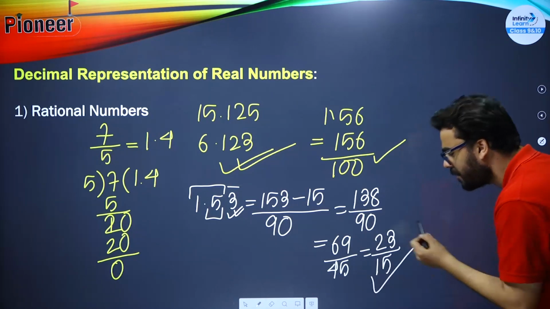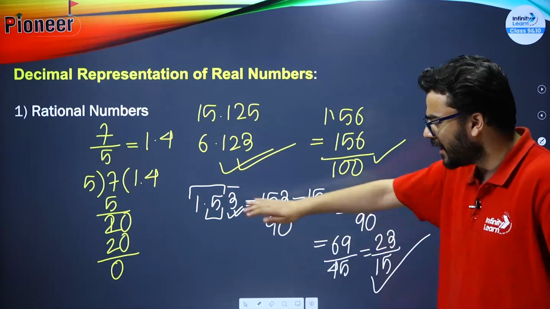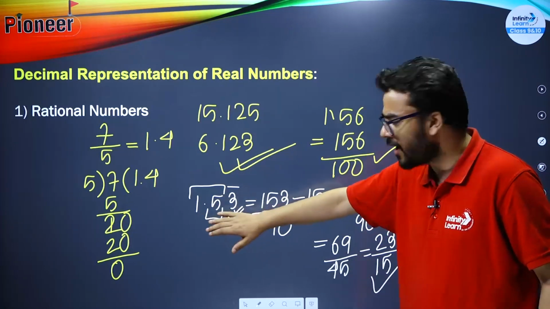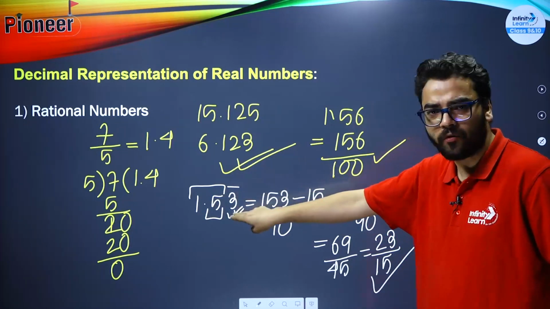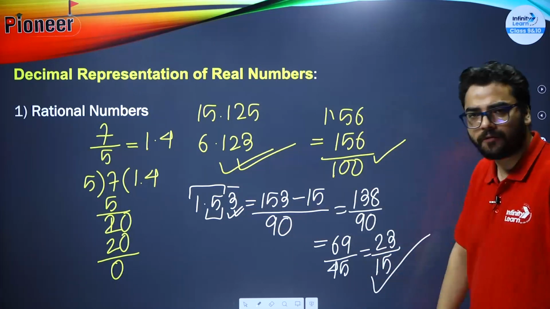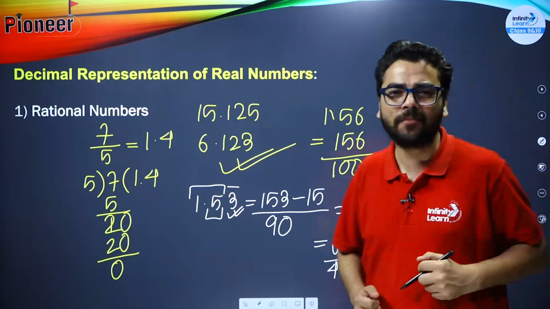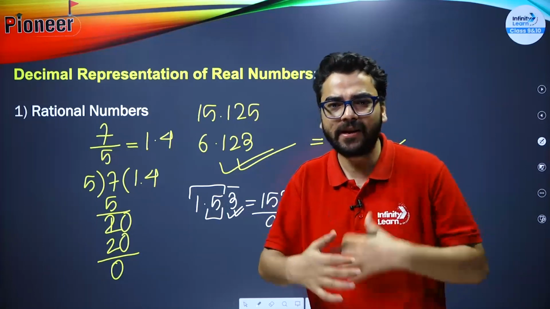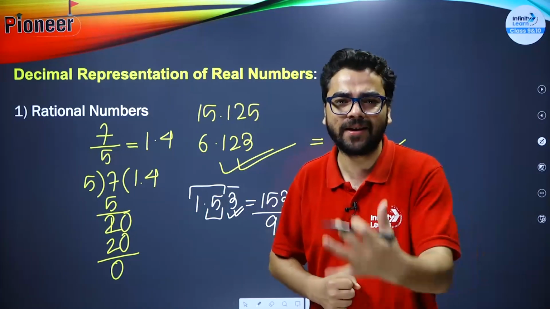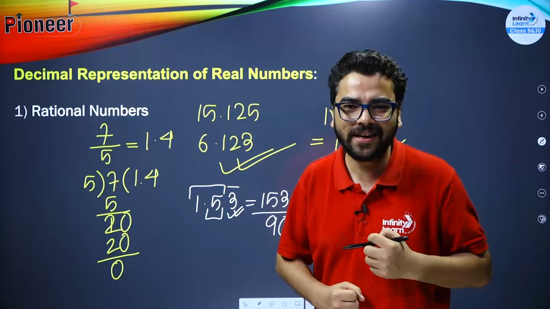So you see, this cannot be further simplified. So you can say that the p by q form of 1.53 with a vinculum over 3 is 23 upon 15. And this is the shortcut method which I have explained. There is one actual method as well, it is there in grade 9. I hope this thing is clear.